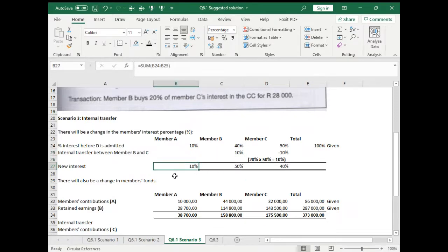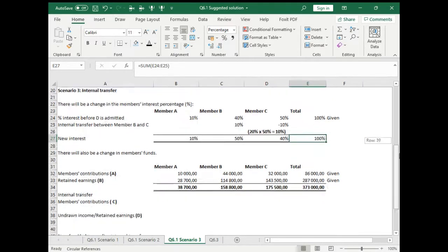Then, to make sure you've done the calculations correctly, we add them up quickly to make sure we get back to 100%, to make sure I haven't made an error somewhere in my calculation. If it doesn't add up to 100%, it means you've put a plus or a minus sign where you should have done exactly the opposite.